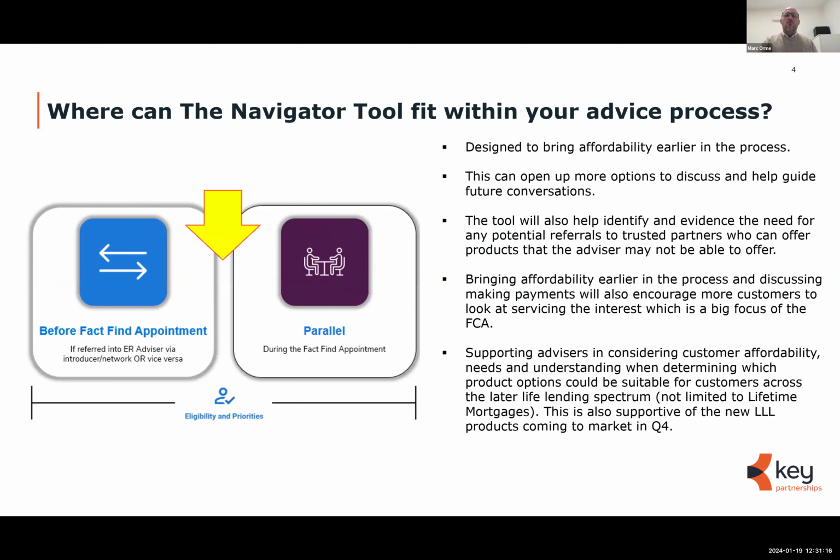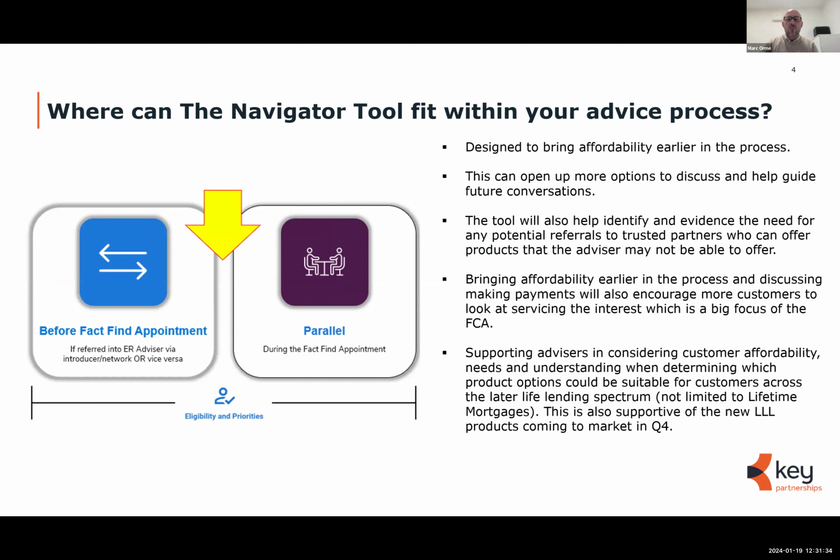Part of this is to bring this process forward, where the work I do with clients looking at income and expenditure can help me assess the circumstances and the options available prior to that initial fact find meeting.